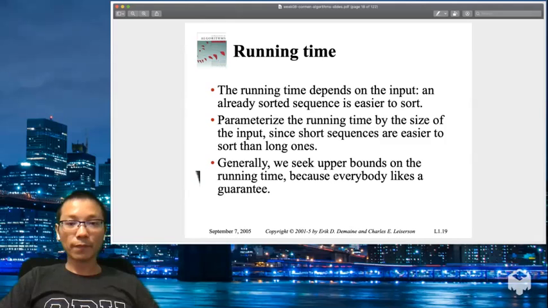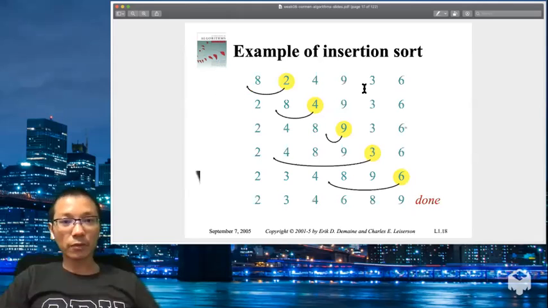Now there's one thing to notice: the running time of this algorithm depends on the input. Imagine if your input array is already sorted. That would be pretty easy to sort. Imagine this whole thing was already sorted, and let's say this is the array we're going to sort, the input into the insertion sort.